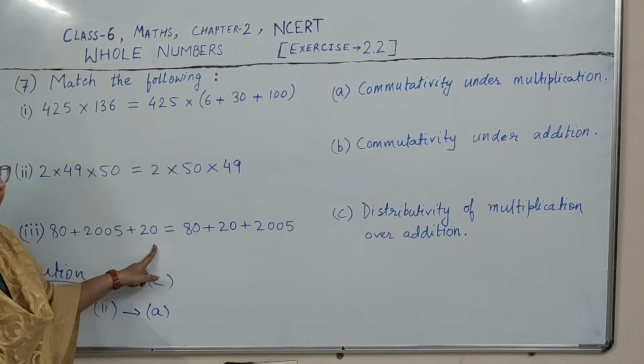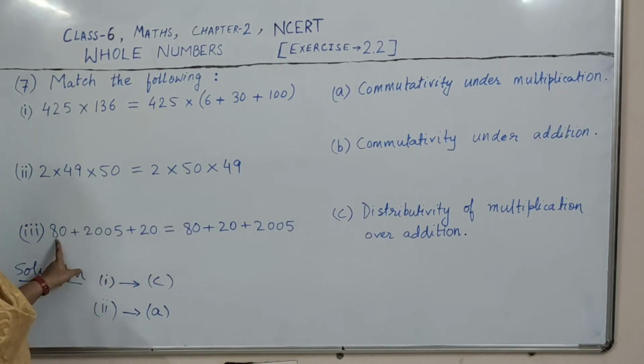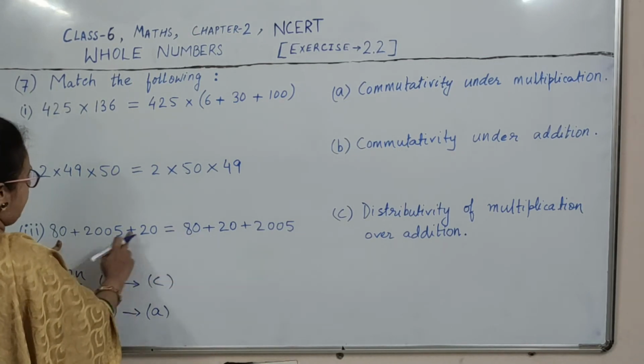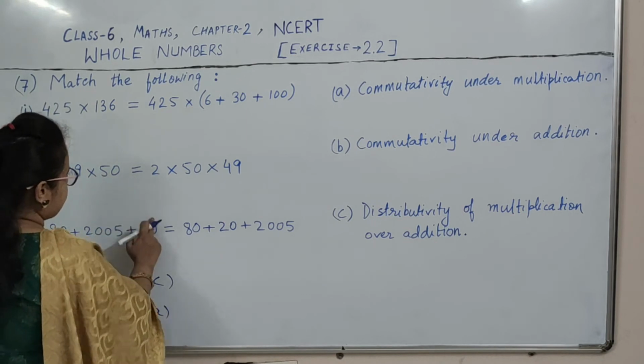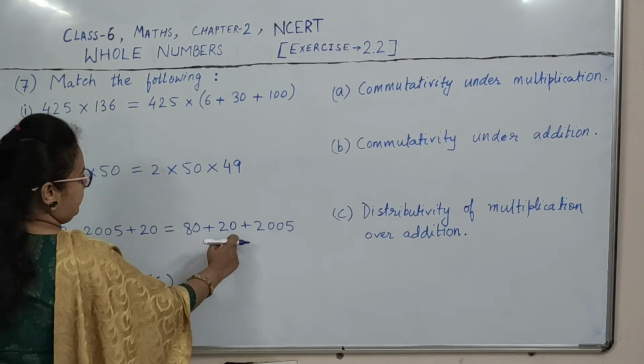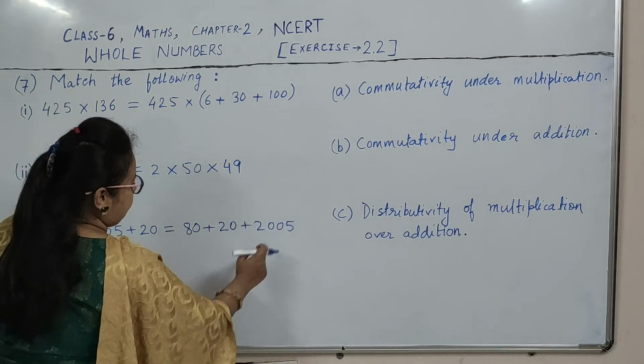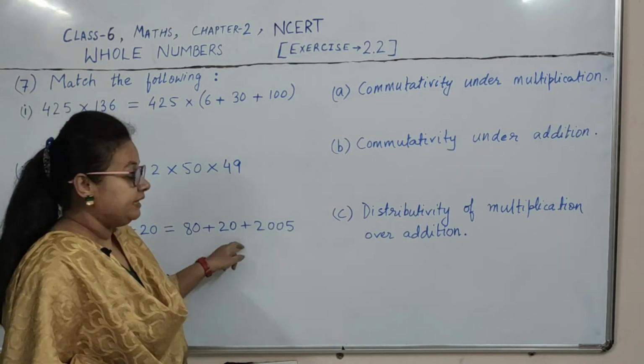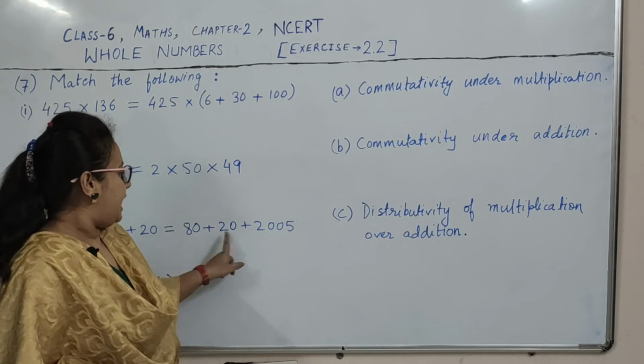And in this calculation, see, these two numbers are exchanged. 80 is written as it is, and 2005 has gone there, and 20 has come here. So the numbers are interchanged, and there is a plus sign.